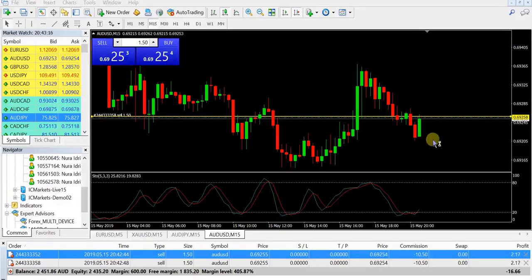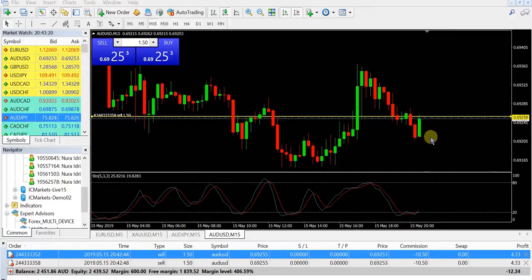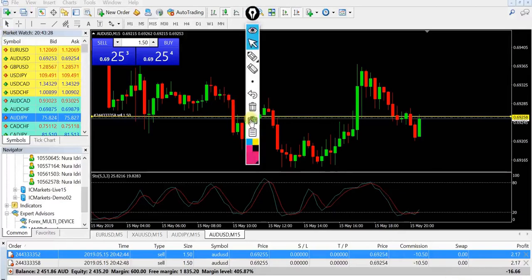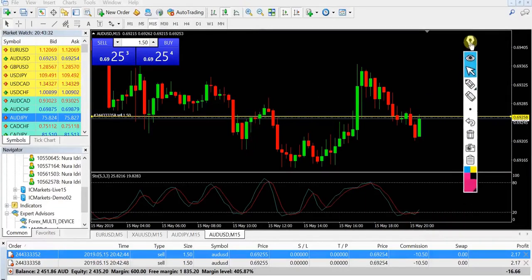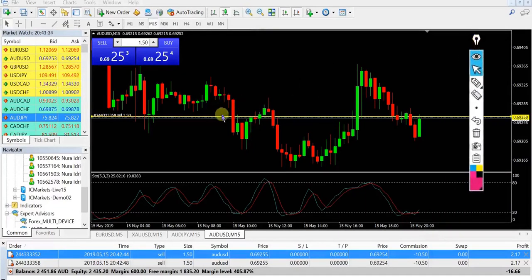In identifying support and resistance points, my advice to my followers is you need to always follow this. Let me arrange my tools. You have to apply your trend line. So how are you going to apply this trend line?